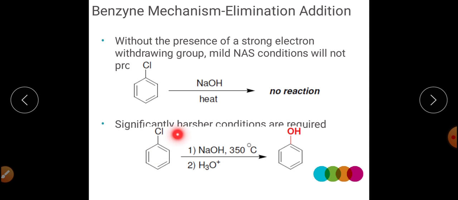For example, in this case we have chlorobenzene, and under very drastic conditions, at 350 degrees Celsius and concentrated sodium hydroxide followed by hydrolysis, this chlorobenzene is converted into phenol. So this is the nucleophilic substitution reaction.